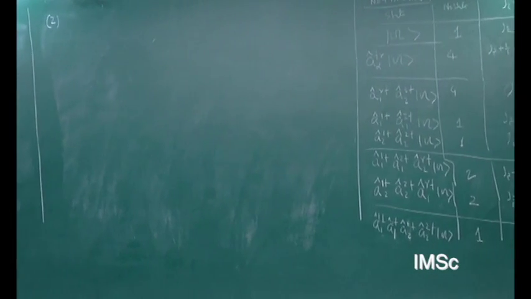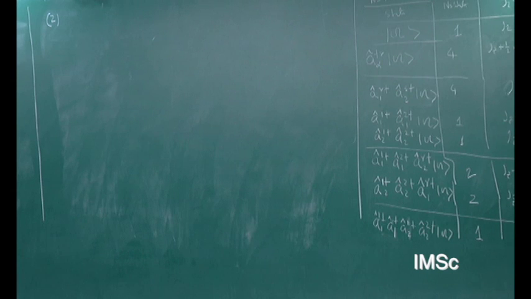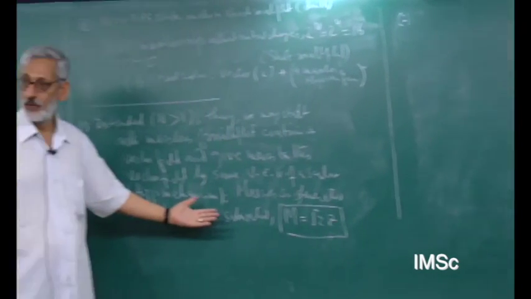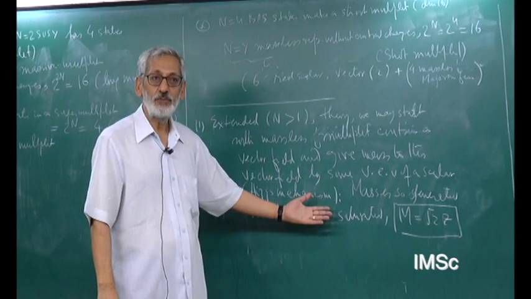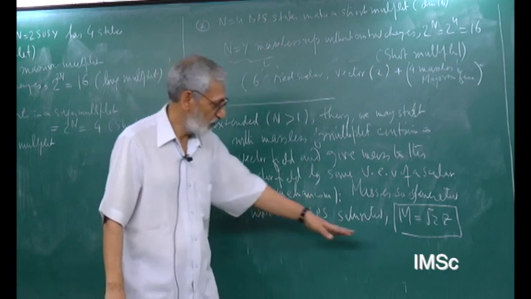Now, if I write a quantum field theory, n equal to 2 or n equal to 4, extended quantum field theory with a massless multiplet containing a vector field, and do the Higgs mechanism, I generate at the classical level a representation of the massive BPS multiplet which saturates this.